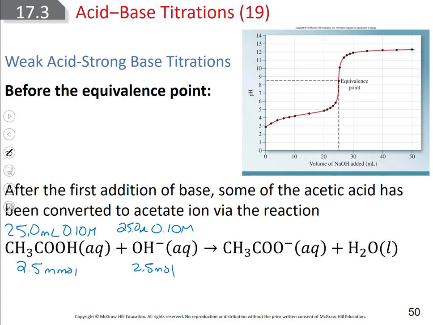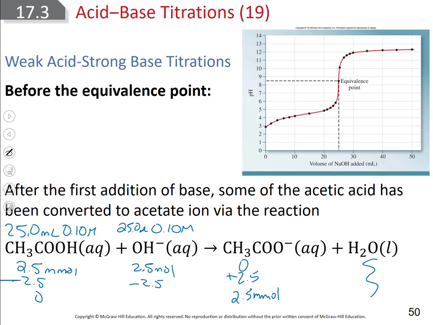Now, which one is the limiting reactant, or are they both going to go down to 0? Good, they both go down to 0, which means they both decrease by 2.5. Over here on this side, we're going to increase by 2.5, so we have 2.5 millimoles.